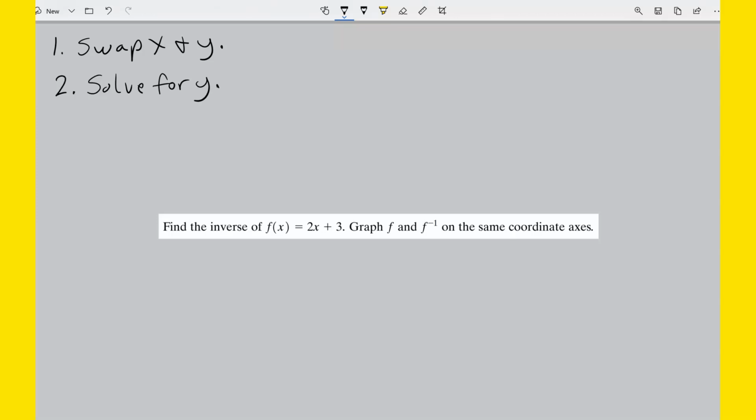So once you swap x and y, you've actually already found the inverse of the function in an implicit way. But to make that inverse function be defined explicitly, then you need to do step 2. So let's do those steps for this function. It's f of x equals 2x plus 3, and I'm going to swap x and y.